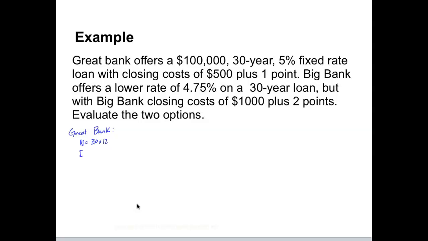Your interest rate is going to be 5%. Your present value is going to be $100,000. The payment is what we're going to solve for. The future value, we want it to be 0. And payments per year, compounding per year, is 12.